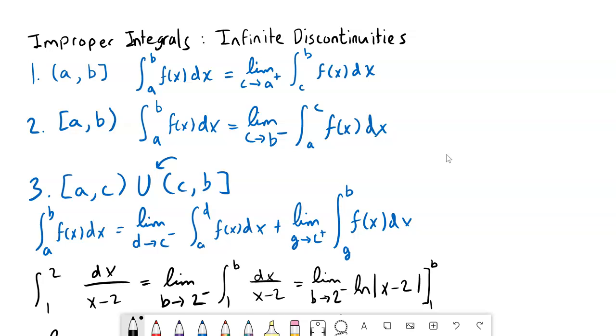And then case 3 is kind of like case 1 and 2 combined, where we just basically break it up into 2 and then treat it as case 1 and case 2. So this is for infinite discontinuities, and then there's one more that we're going to talk about for improper integrals.